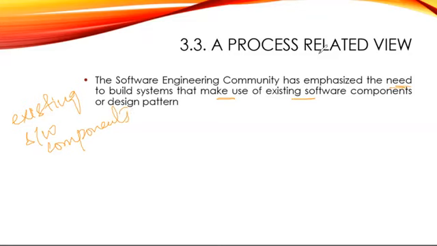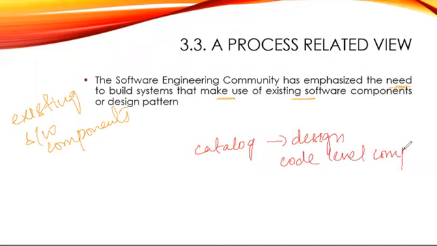Now here you can also have different catalogs available, or different designs. Within the catalog, you're going to have different designs, different code level components. These all are available to the customer based upon how he wants to design the software.